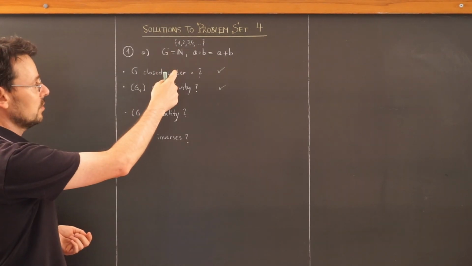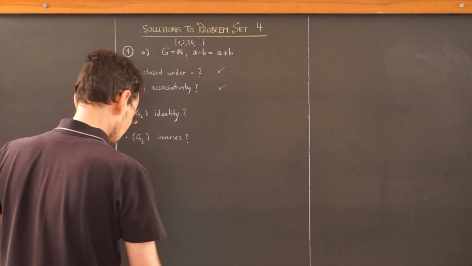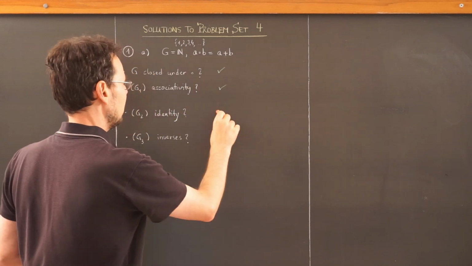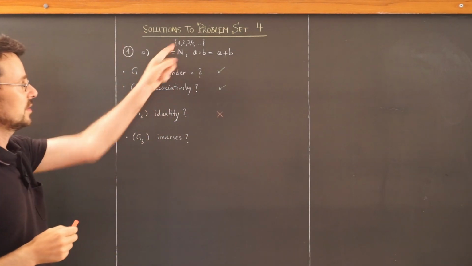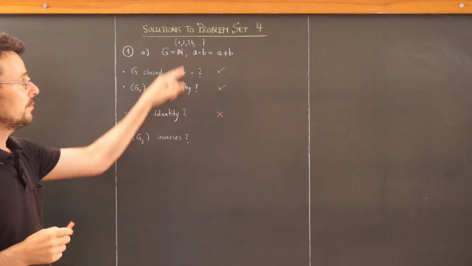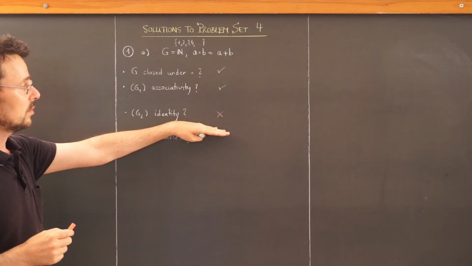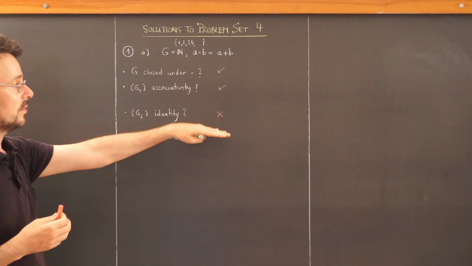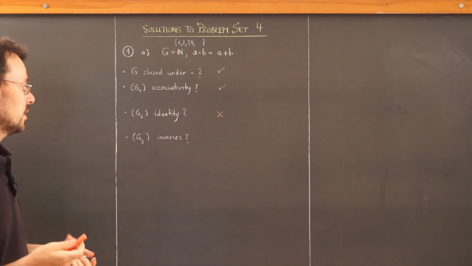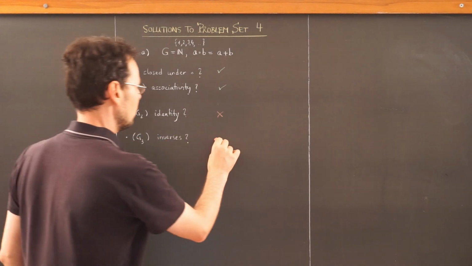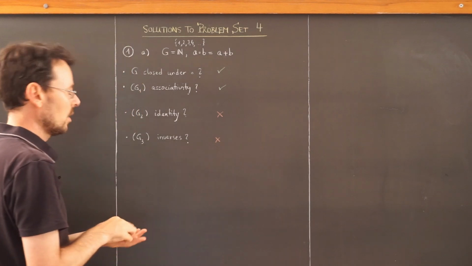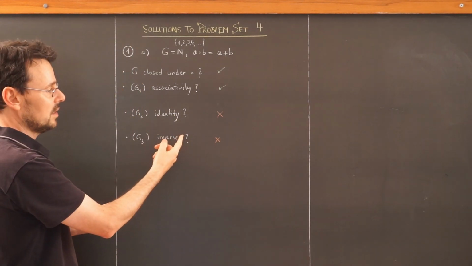So this looks good, but we have no identity because 0 is not included. If we would include 0, things would look good so far, then the group axioms would be satisfied, but we have no inverses. We can't have, because we have no identity.